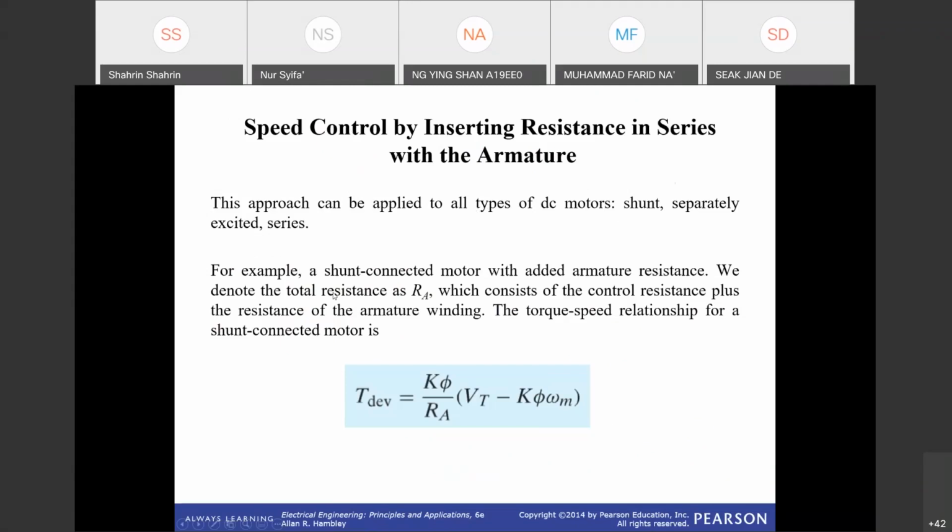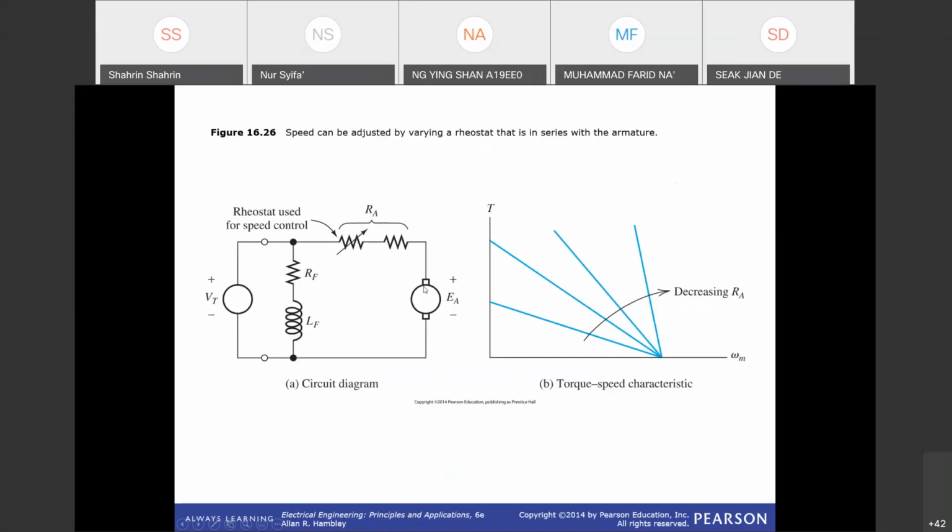Here is the shunt motor. As you can see, we insert an external adjustable resistance, which is considered as your RA. Okay, so we use a rheostat, which is the adjustable resistor.